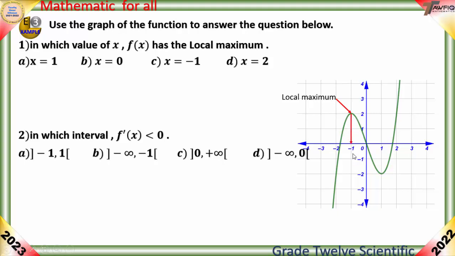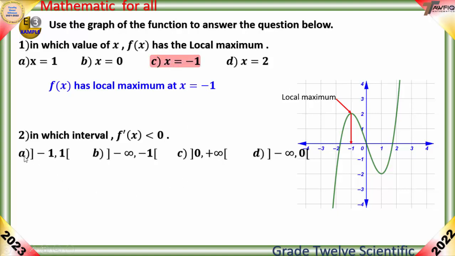As you can see, x is equal to minus 1. That means when x is equal to minus 1, the function f(x) has a local maximum. That means C is the correct answer.